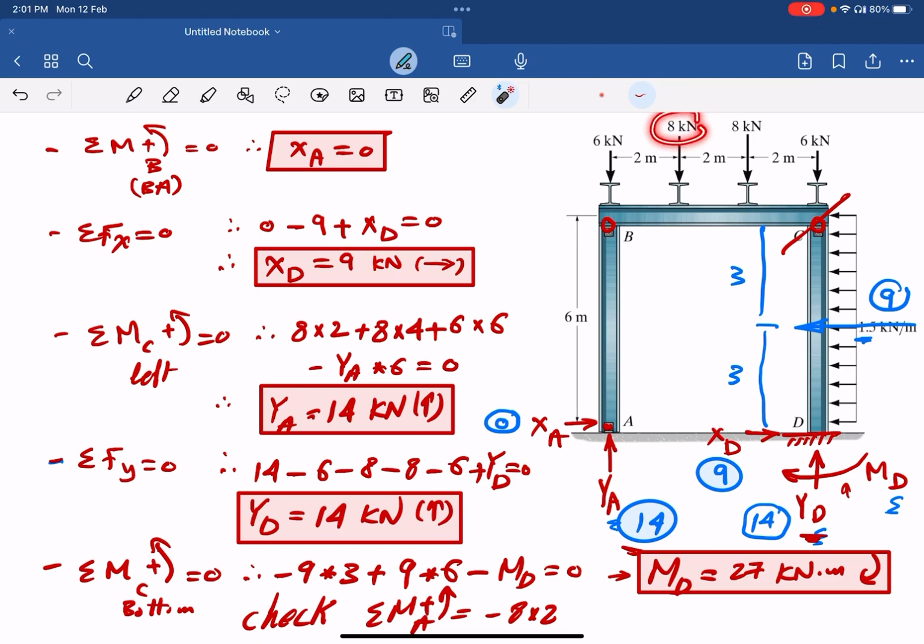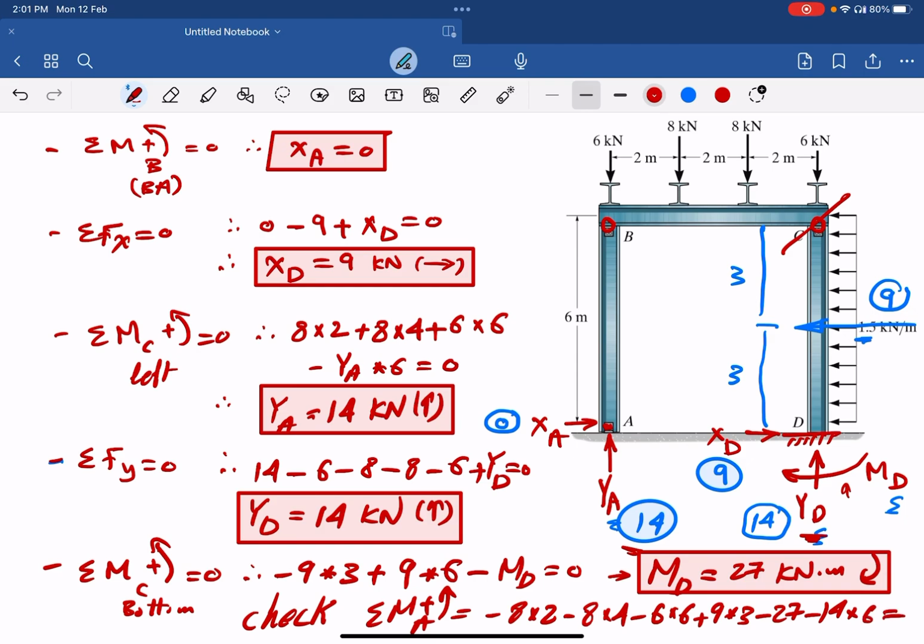So we finished 8 times 2, now it will be minus 8 times 4, minus 6 times 6, plus 9 times 3, minus Md, which is 27, minus Yd, which is 14 times 6, and let's check how much this value would be.